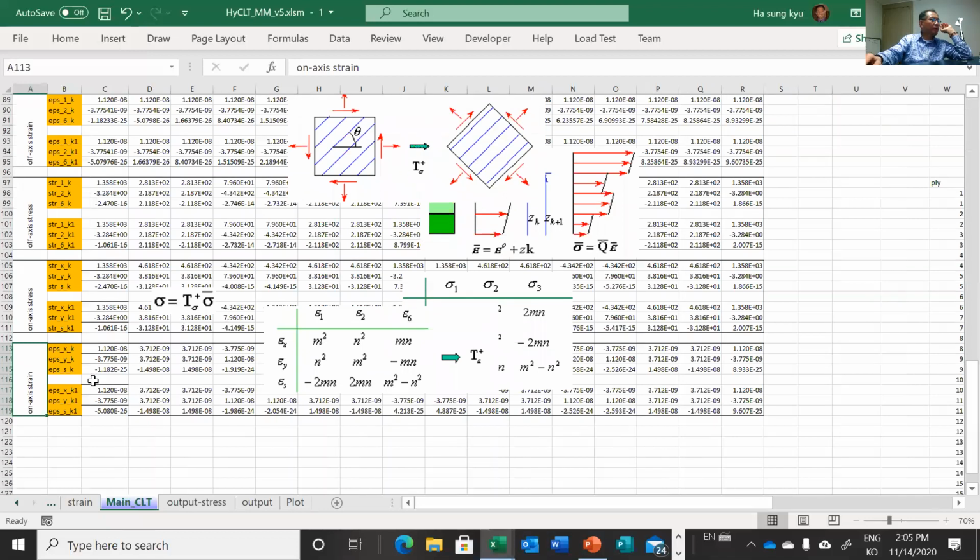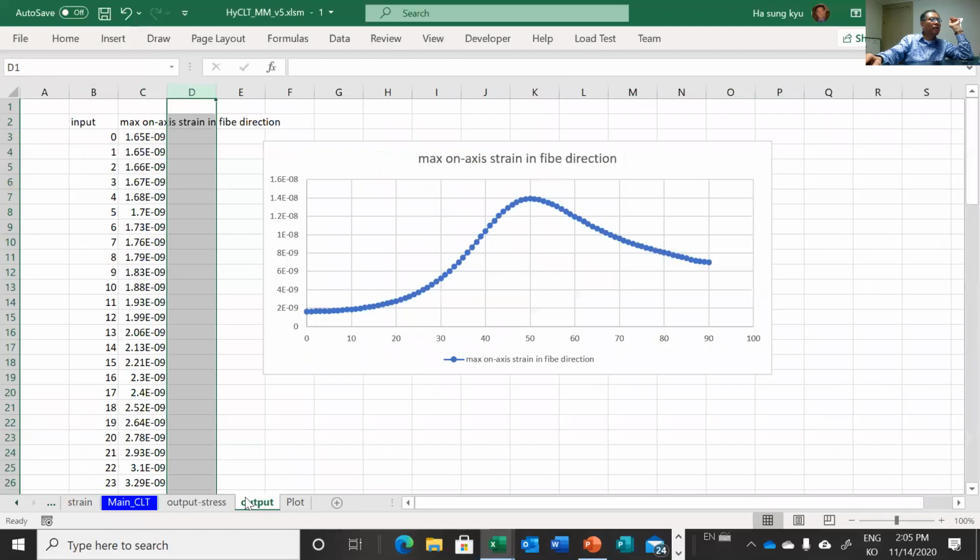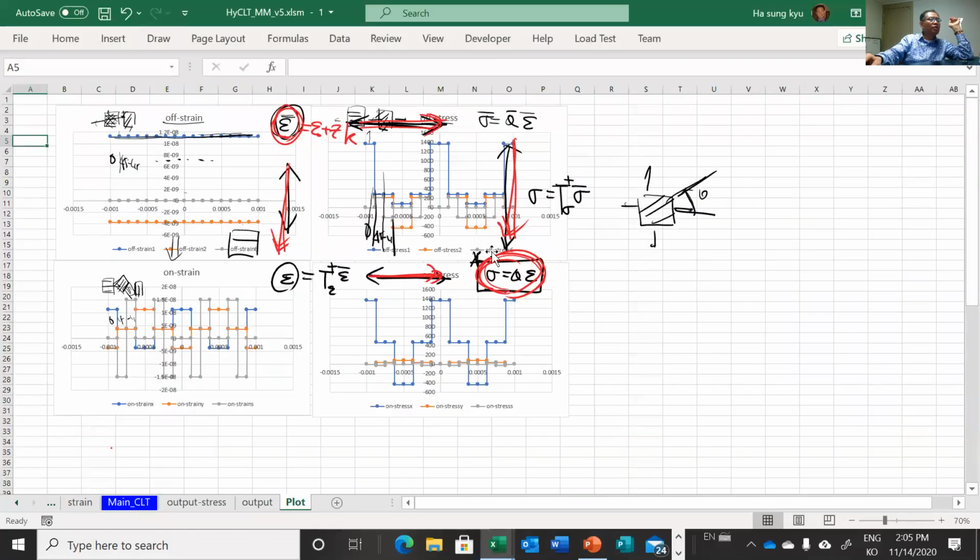And here, on-axis stress and on-axis. So what we have done here is the stress is transformed from on-axis stress. Transformed stress. So the one we have is this way. We get this Q sigma bar by multiplying Q bar, right?